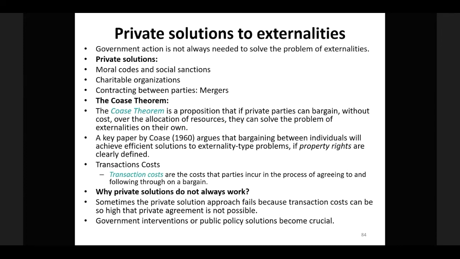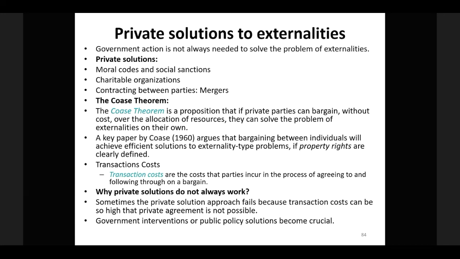So in this case, you see, the problem is resolved without even government intervention. But in this case, the property rights must be perfectly defined and assigned. That is where government might come in to define the property rights. But it's not only government that can define the property rights. The property rights can also be acquired in advance.